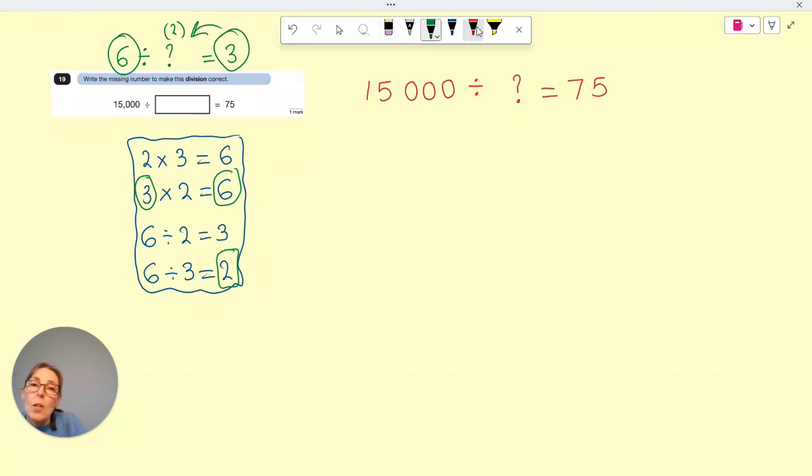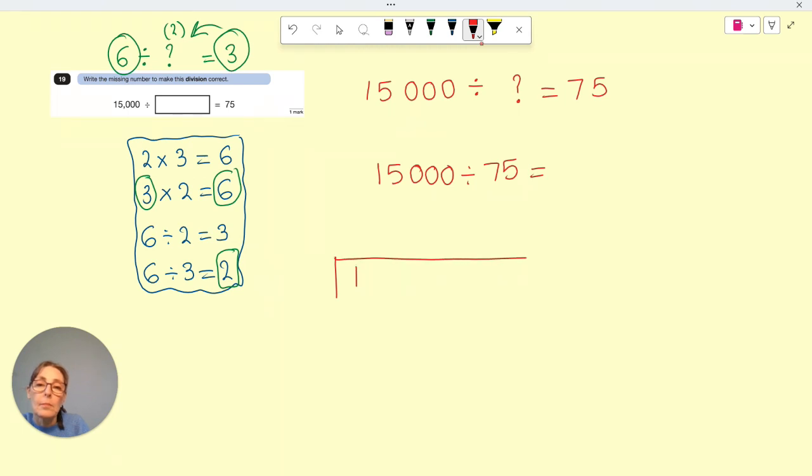So I'm going to transfer that information down here. I'm going to do 15,000 divided by 75, and that should give me my answer. Now I want my facts for 75 to be up somewhere.